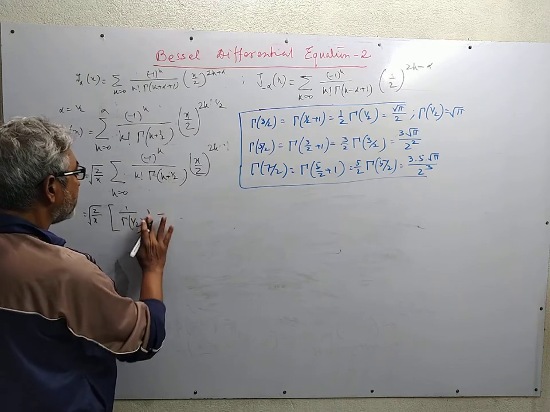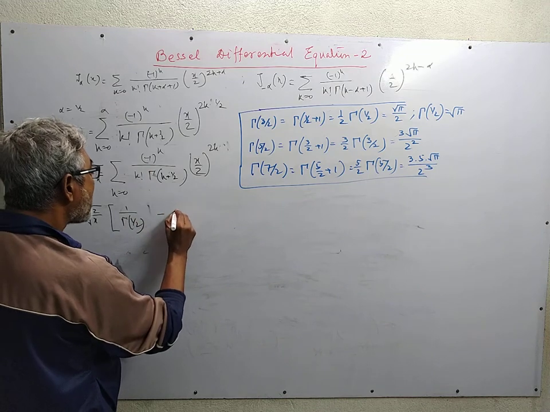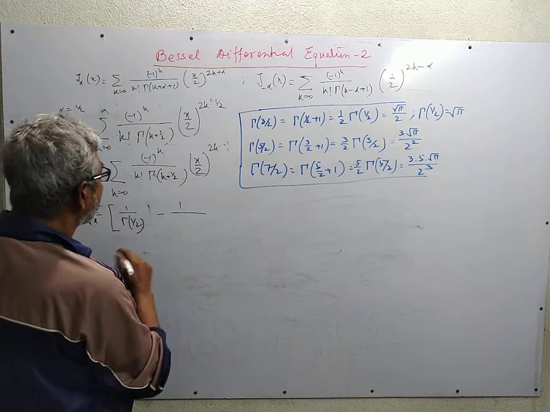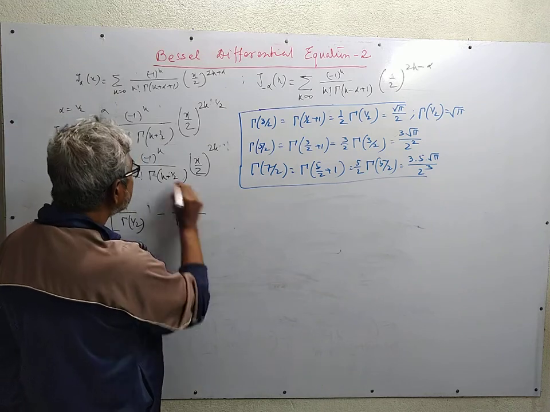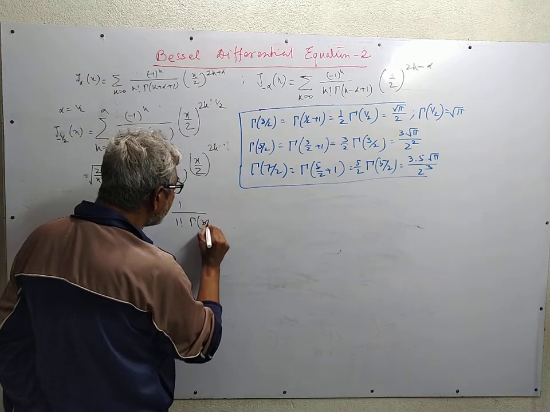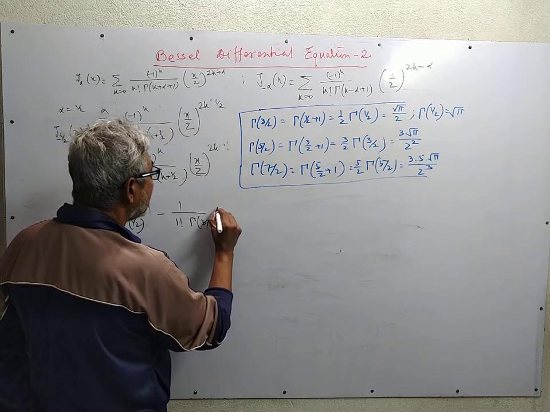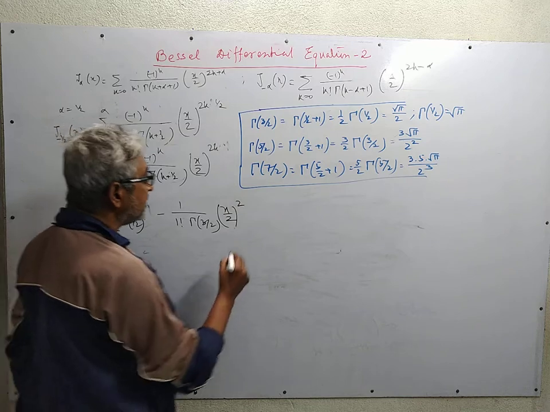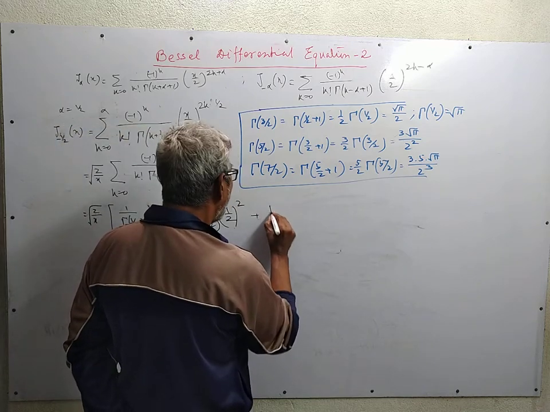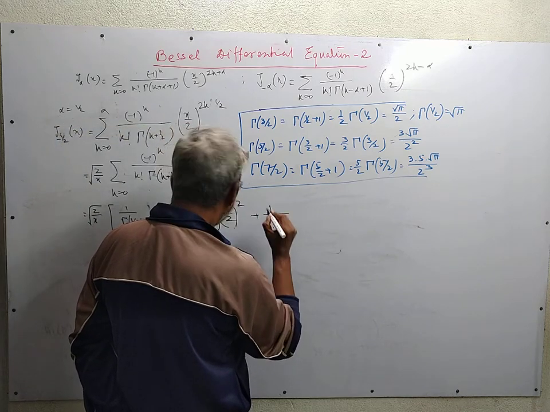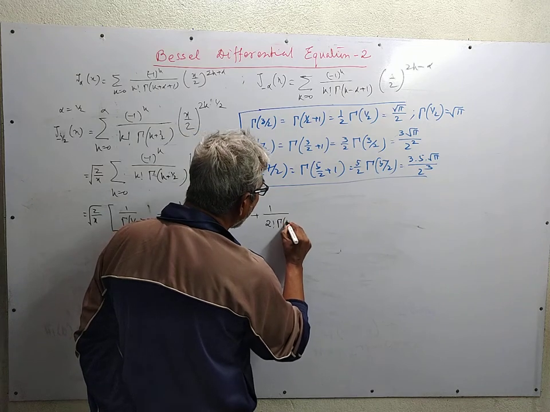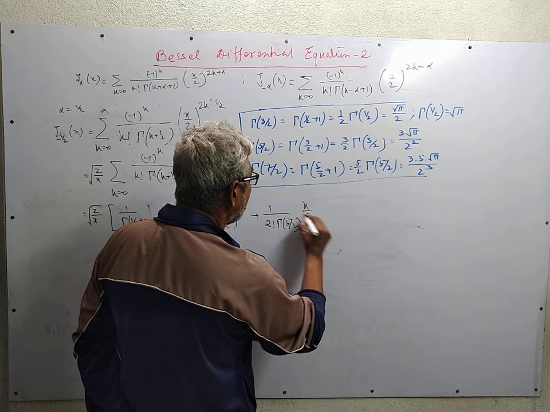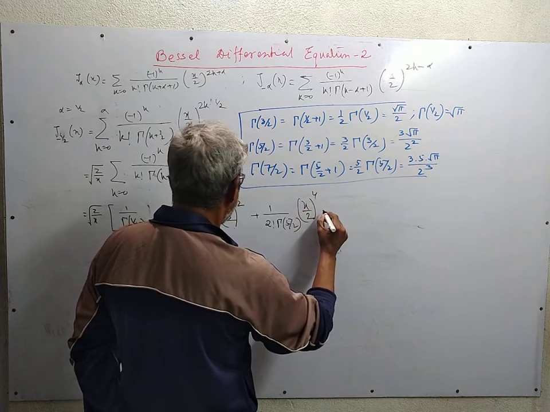Then second term is minus 1. This is 1 factorial, and this is gamma of 3 by 2 times x by 2 square. Then third term plus 1 upon 2 factorial gamma of 5 by 2 x by 2 to the power 4.